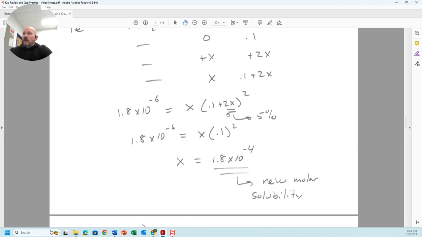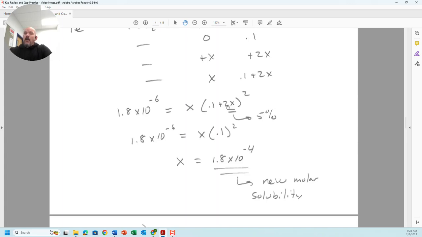Remember, we can do our shortcut. We can 5% rule this: 2X is going to be smaller than 5% of 0.1, so we can just ignore that part of the expression. Or you could use it, and you're going to get relatively the same number whether you make the simplification or not. You can graph to solve for X if you'd like.